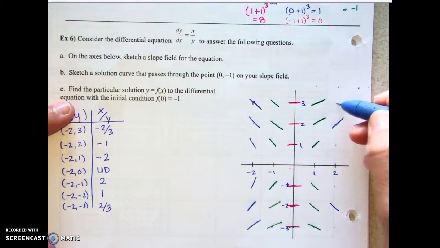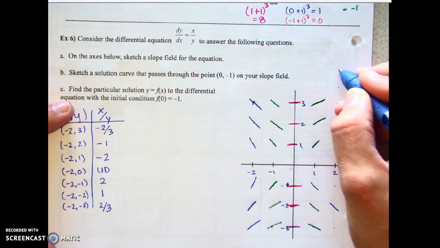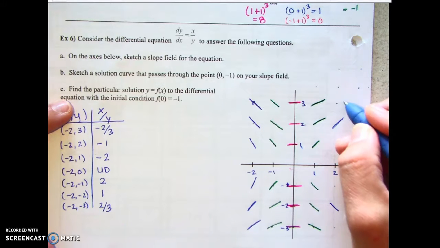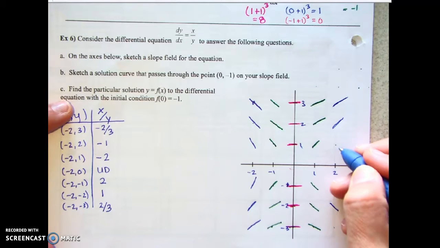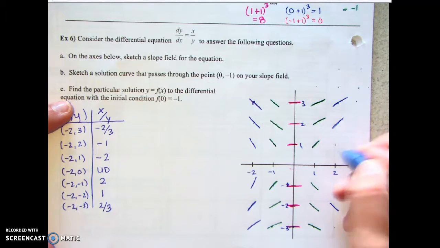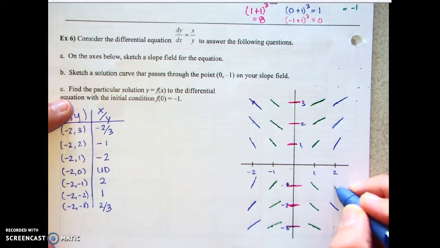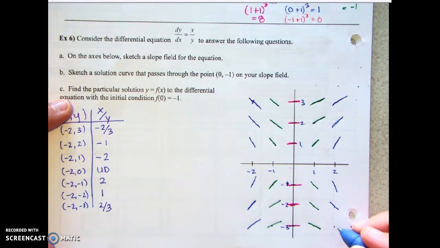Okay, this one would be 2 divided by 3, so I need to go up 2 over 3. 1, 2, 3. So I'm aiming out there a little bit. But this one's up 2 over 1. So I'm going to aim here. This would be down 2 over 1. And then this would be down 2 over 3.